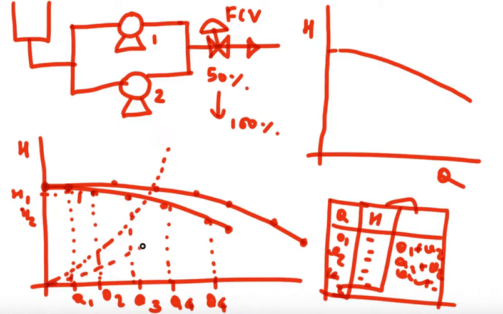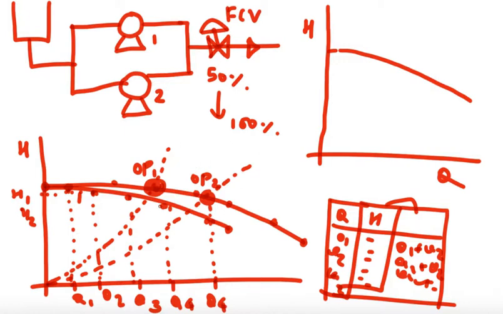Initially, while operating, our operating point was here, OP1. Now, in parallel operation, it will be here, OP2, my operating point 2.